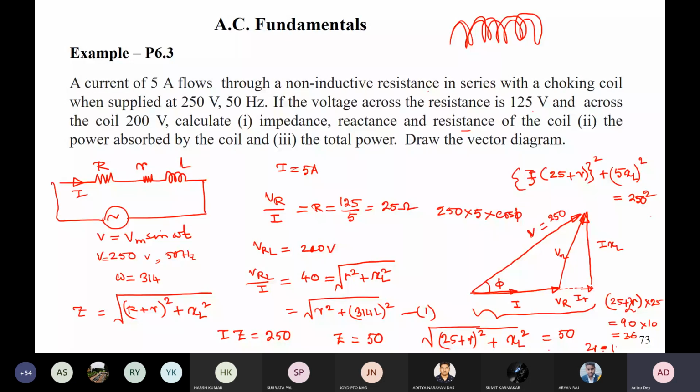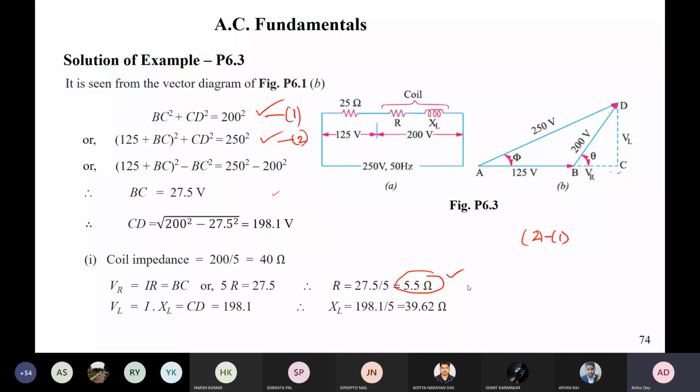So I found r square plus XL square equal to 40 square, and (25 plus r) square plus XL square equal to 50 square. I have subtracted the first equation from the second equation, then XL will cancel out. So we are left with (25 plus r) square minus r square equal to 50 square minus 40 square. Then I used the formula of a plus b into a minus b. Okay, got it?